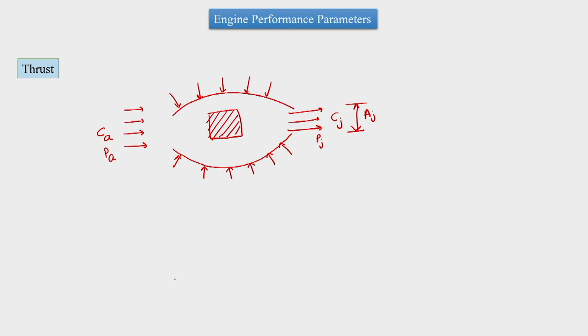Having said this as the operating condition of an aircraft engine, we can write that the thrust of the engine is equal to the change in momentum. So thrust is equal to m dot A, which is the mass flow rate of the air, into Cj, minus m dot A into Ca.